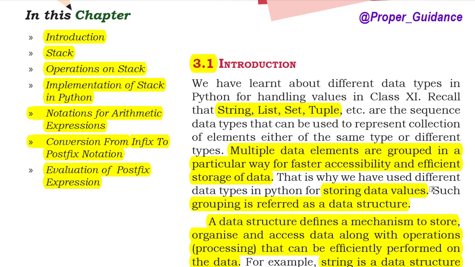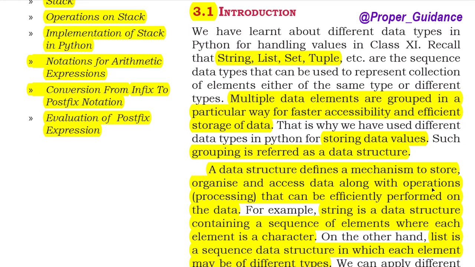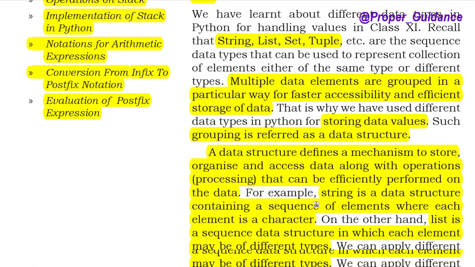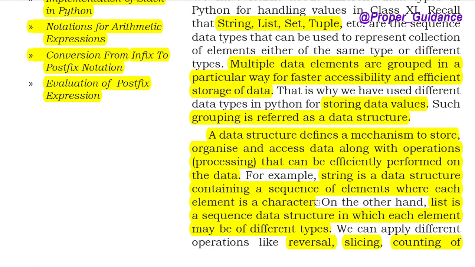Now see, multiple data elements are grouped in a particular way for faster accessibility and efficient storage of data. That is why we have used different data types in Python for storing data values. Such grouping is referred to as a data structure.